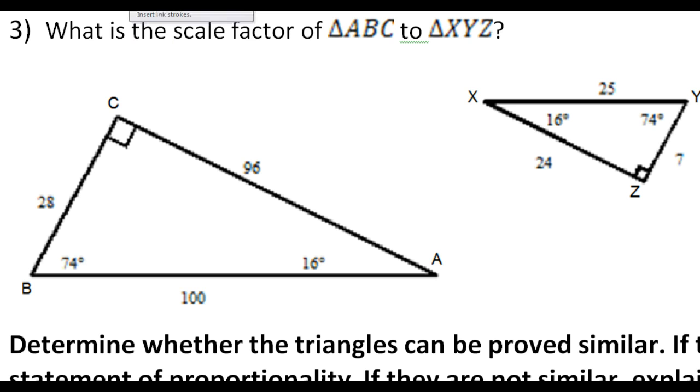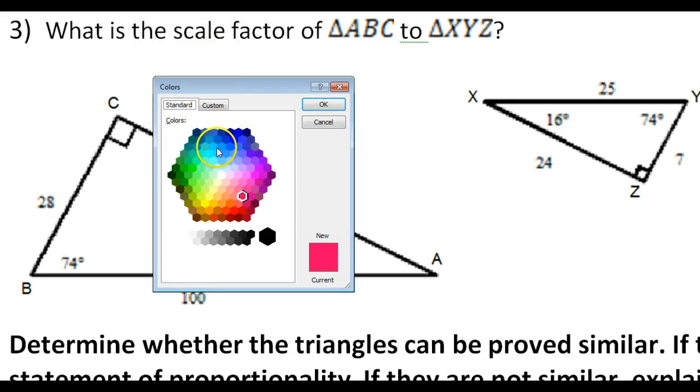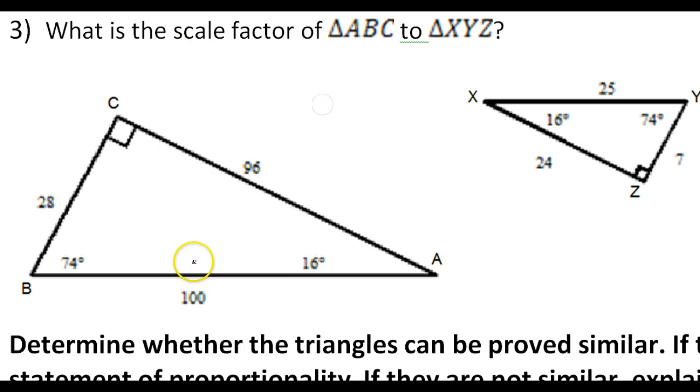Let's pick a pair of corresponding sides. I like to start with the biggest. Yeah, let's look at the hypotenuse. Alright, that's easy to do. So these are the two hypotenuses. So am I going to go 100 over 25 or 25 over 100?